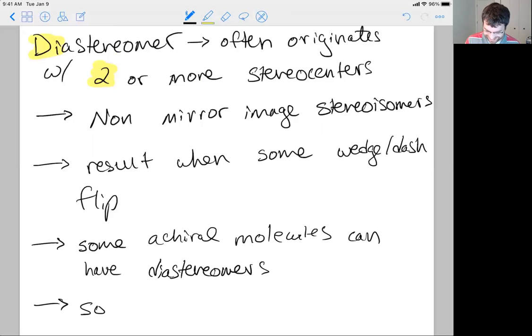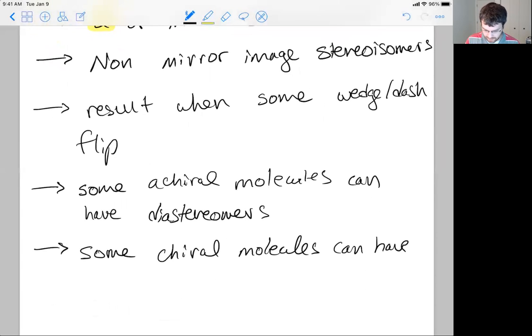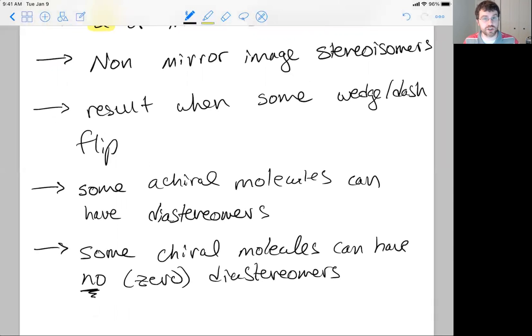I said some. I'm going to have another some, and I'm going to say that some chiral molecules can have zero diastereomers. That is, if you draw certain chiral molecules, like the one we just showed on the previous slide, the molecule is chiral, but it doesn't have any diastereomers.